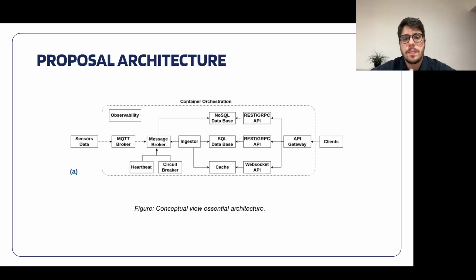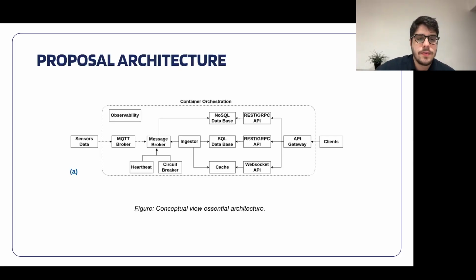So here we can see a conceptual view of this architecture. At the left we have the inputs, so the sensor data, and at the right we have the consumer, so the client. Starting from the input, we have sensor data. These sensors are going to produce a huge volume of data, and we're going to use the MQTT protocol to communicate this data.